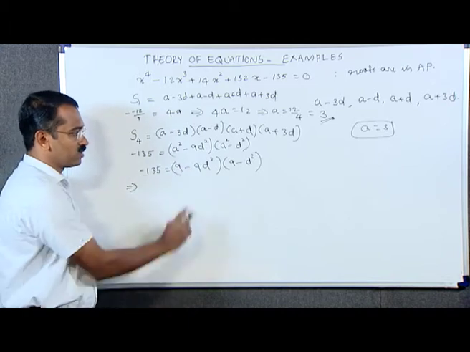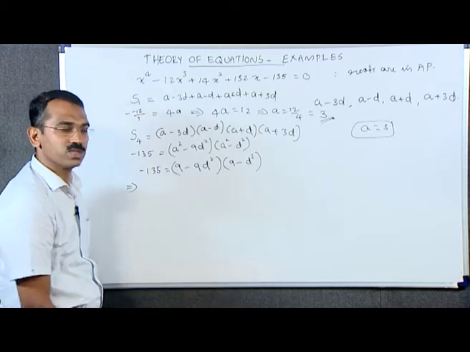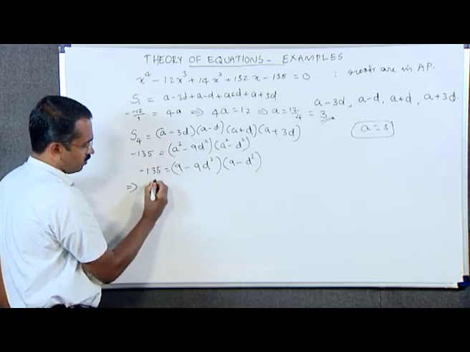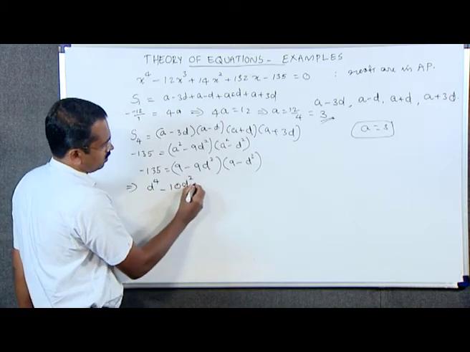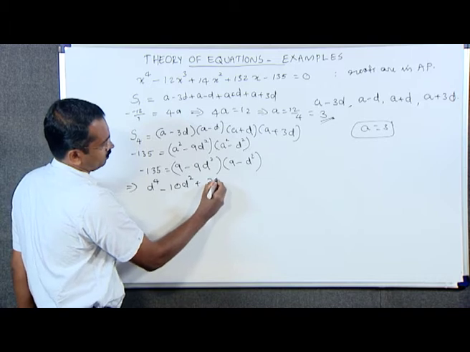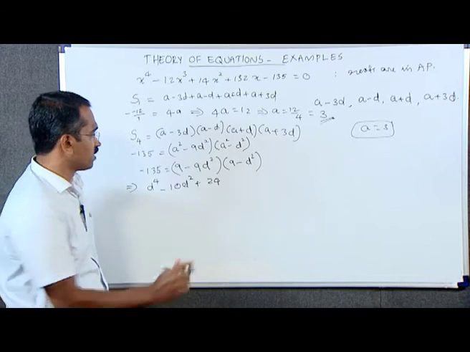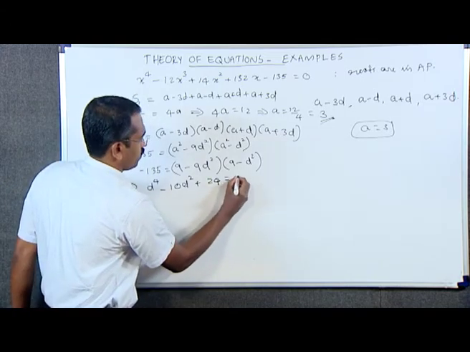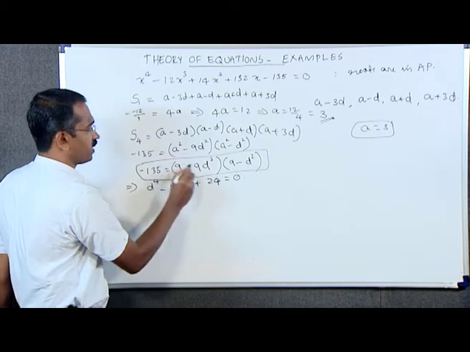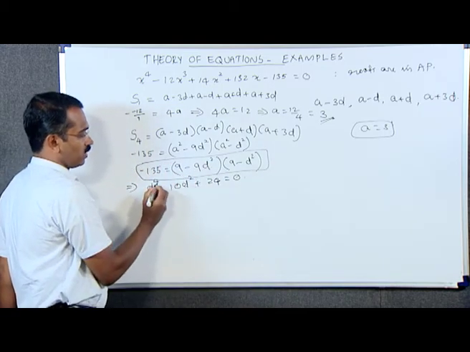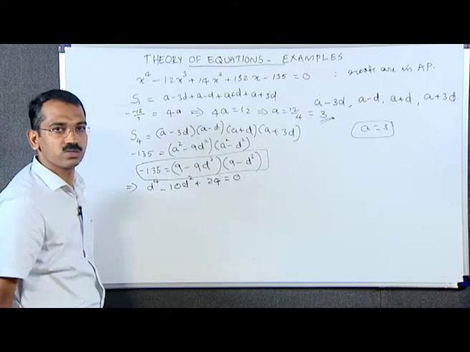From this, on multiplying these two, we can write d raised to 4 minus 10d square plus 24 is equal to 0.